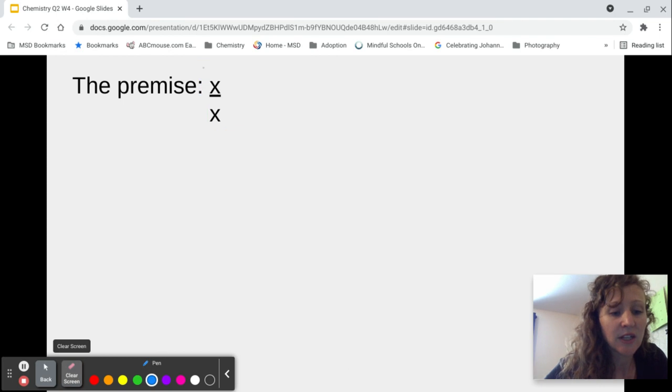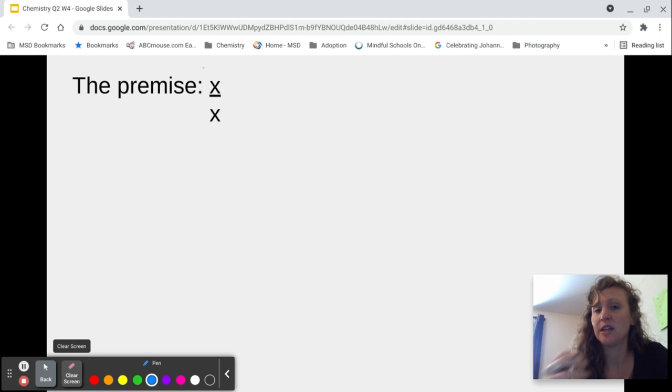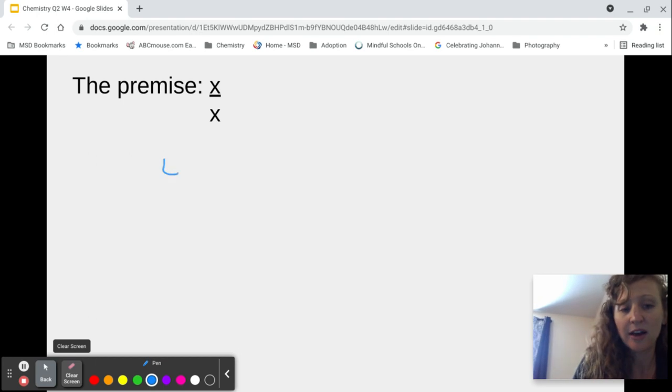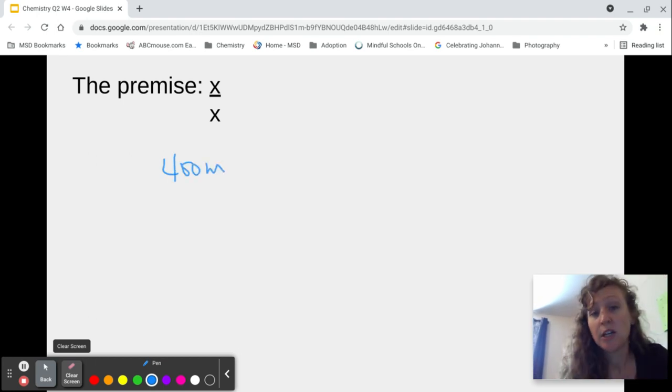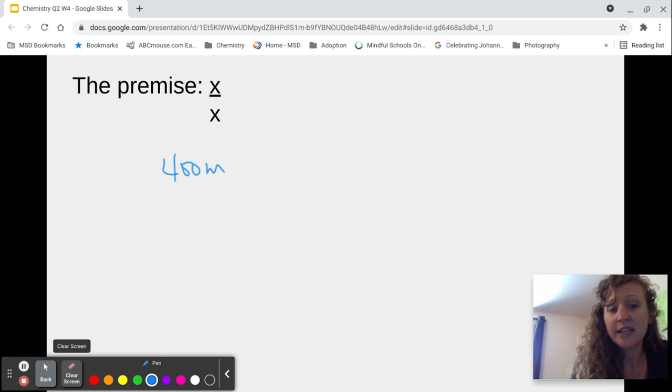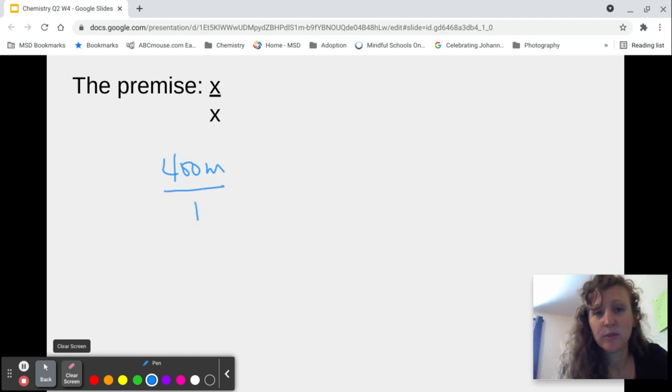Another thing that you really have to understand when you're working in dimensional analysis is that if you have a number, like let's say we have 400 meters, right? That 400 meters is actually a fraction. It's 400 over 1, right? The 400 is actually in your numerator. You have a 1 in your denominator. We just don't typically write the 1.